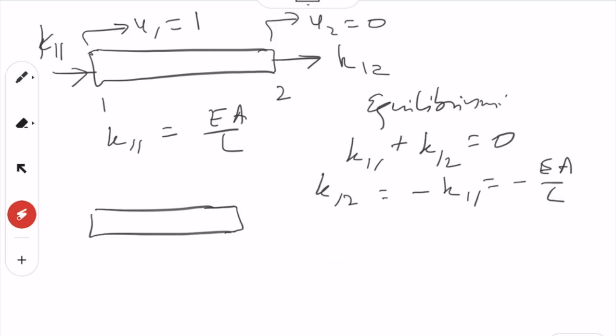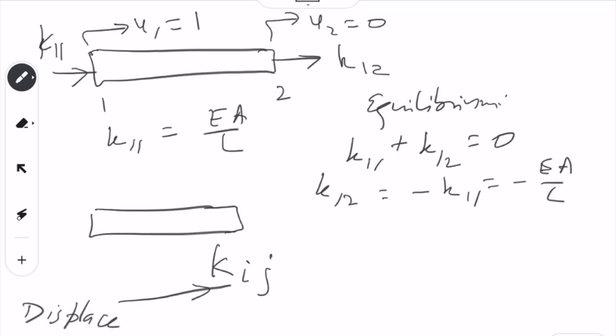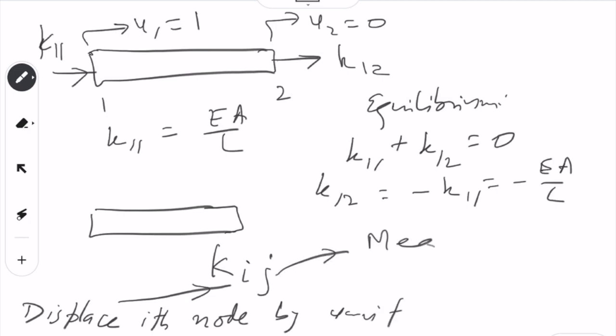For that, K22 means, rather let us write here, instead of Kij: displace the ith node by unity, and j is measure the force at the jth node.